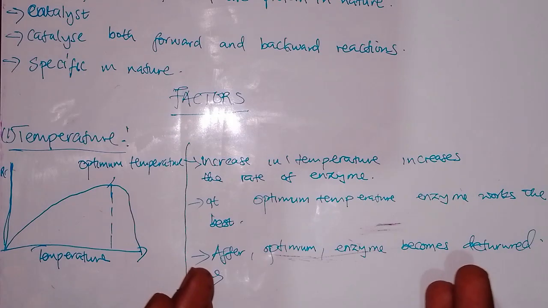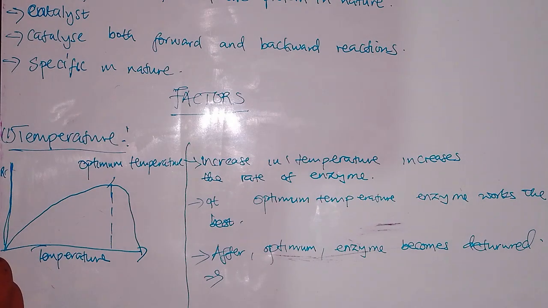But when we talk about the pH, we are determining whether the enzyme is acidic or basic. We know that the stomach is acidic, and we also know that the small intestine is basic. So this is where now you have to determine which enzymes work best in the stomach or the duodenum using the pH.